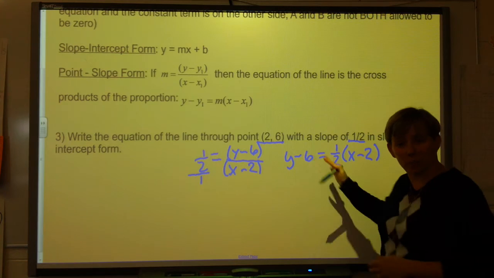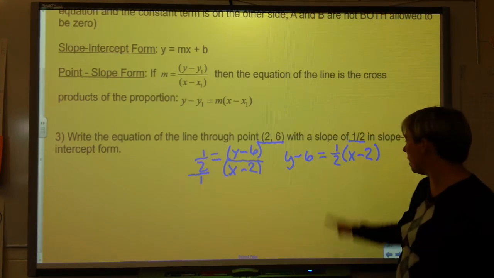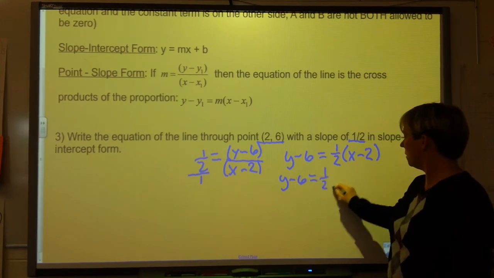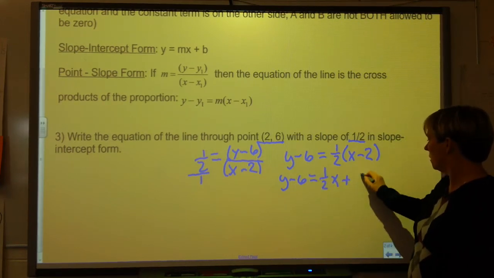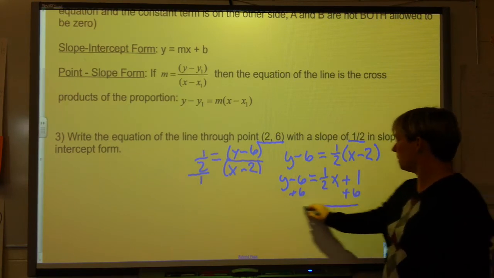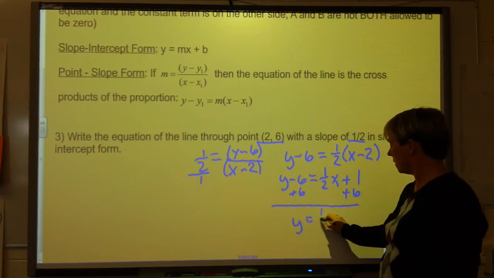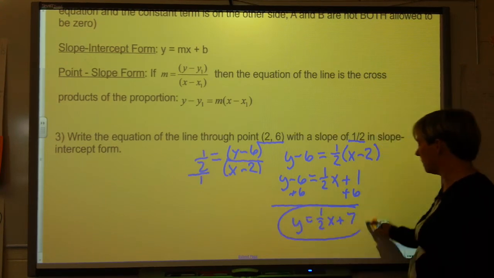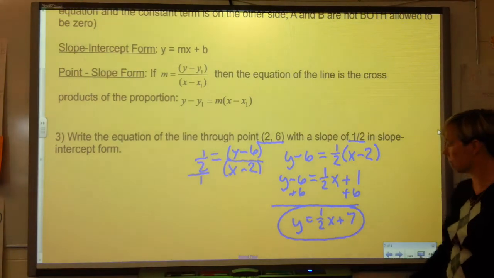Last step is to simplify this up so that we can get y by itself. Distribute the 1/2, and then add 6 to both sides. And there's my answer in slope-intercept form.